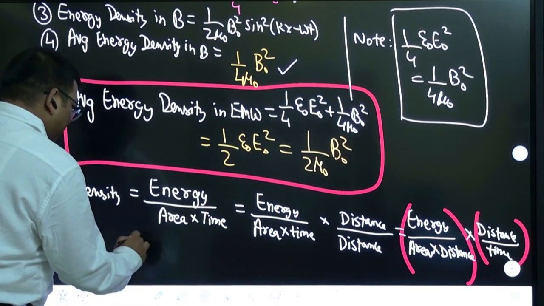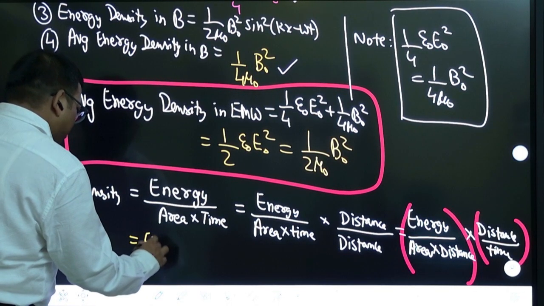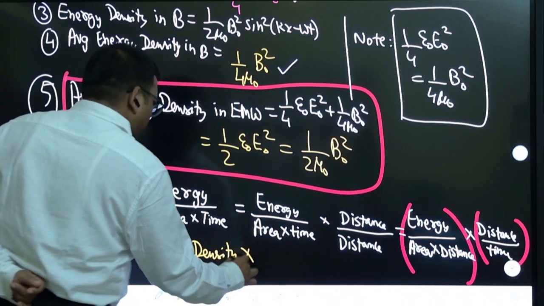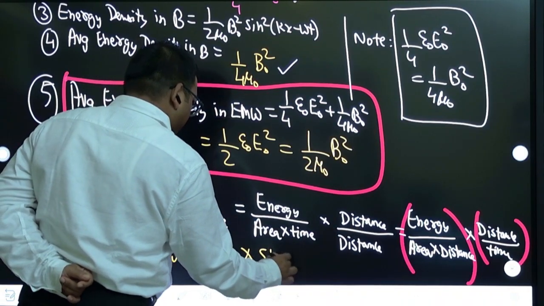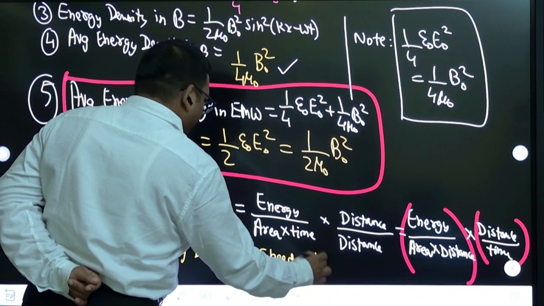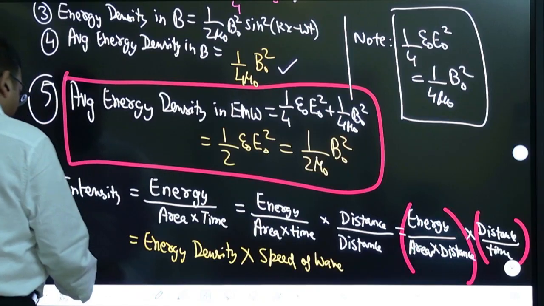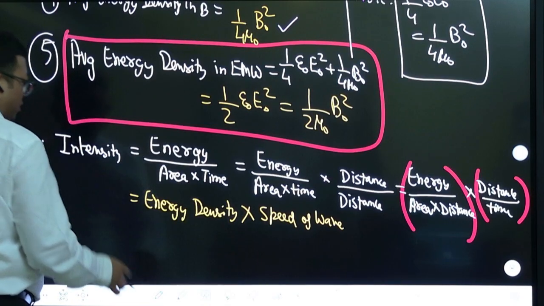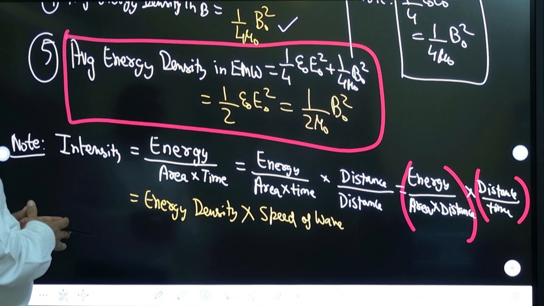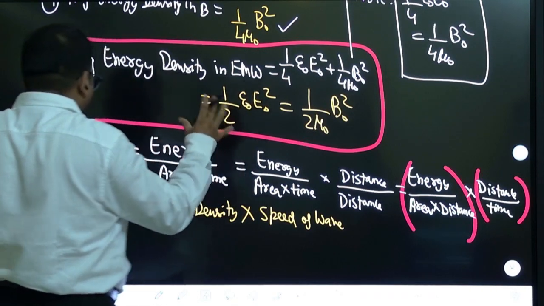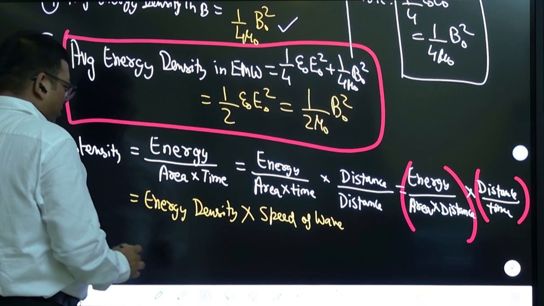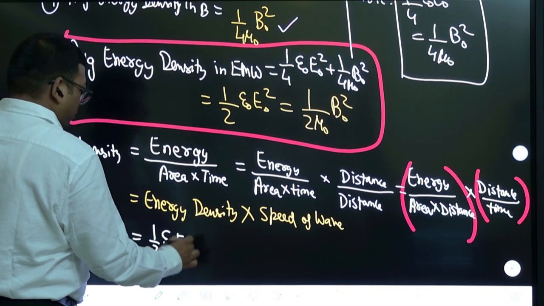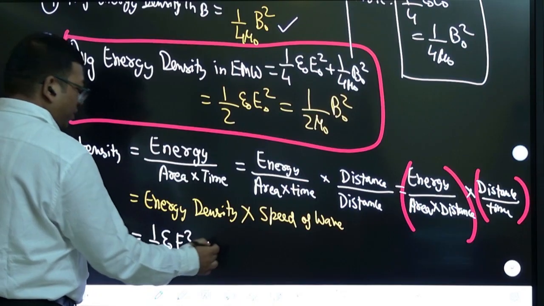So intensity can be written as energy density into distance by time, which is speed of wave. Energy density we have already seen that we can use. If I write the total average intensity of electromagnetic wave, so 1 by 2 epsilon naught E naught square into speed of wave v.